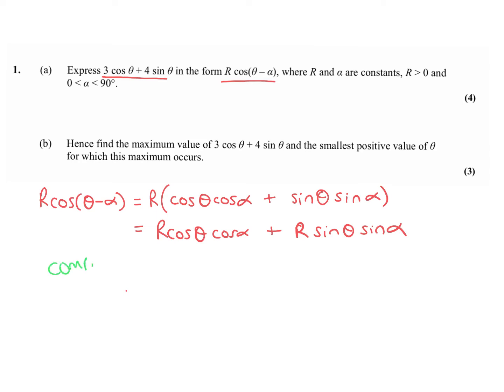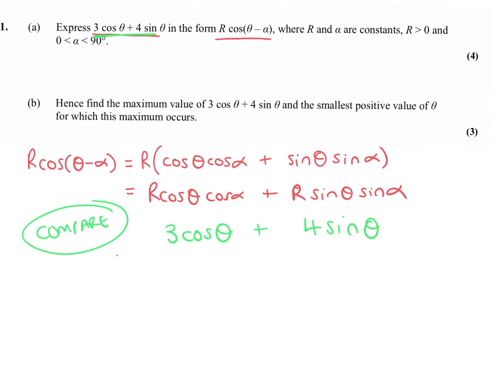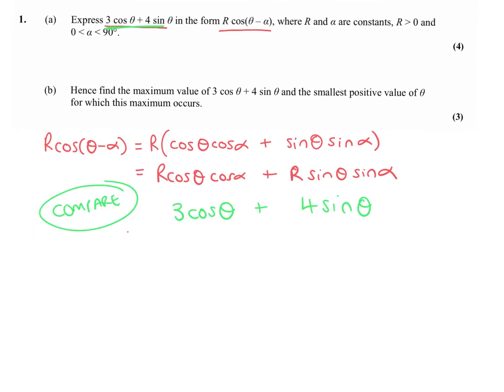So if I do a quick comparison, this says I want to write this in the same format. So if we just compare what we've got, for the first one, we've got the same cos theta on both. So this r cos alpha must be equal to 3.